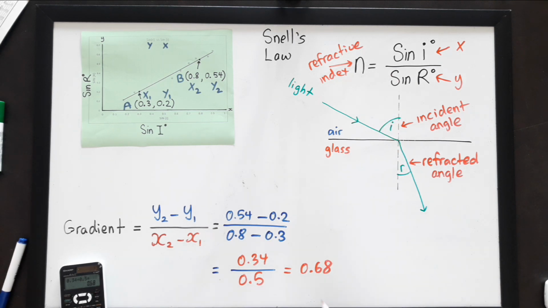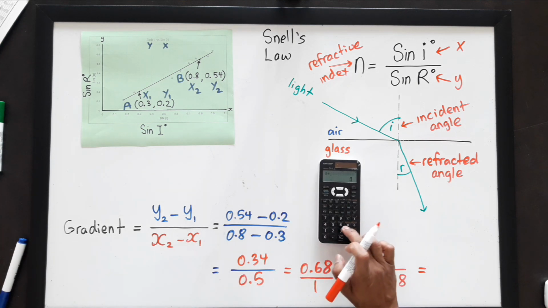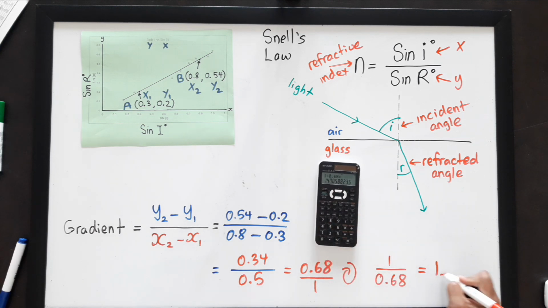So how do we flip a decimal? 0.68 is the same thing as 0.68 on 1. If we flip it, we will get 1 divided by 0.68, which is 1.47. So my refractive index for this particular experiment is 1.47.